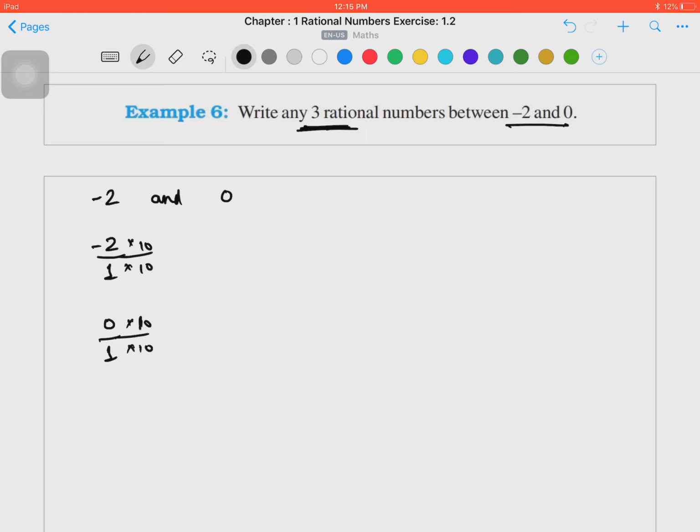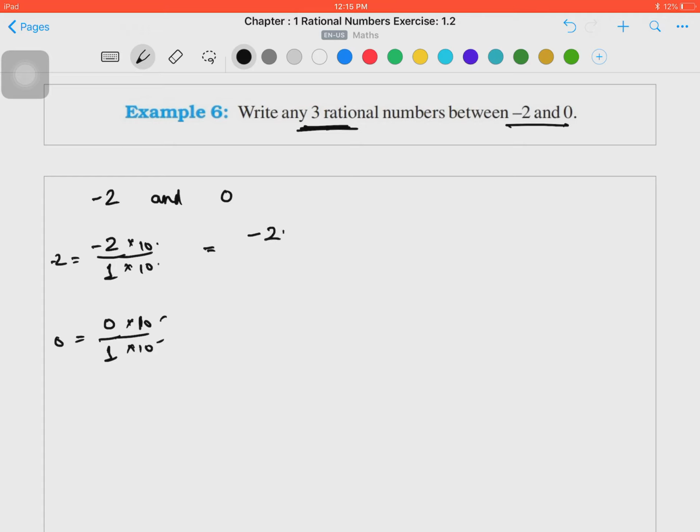By doing so, we are not changing the original number. This 10 by 10 will give us 1, and 0 by 1 is again equal to 0. Similarly, 10 by 10 is 1, multiplied by -2 by 1 is again equal to -2. So we are not changing the original number, we are just writing it in a different form.